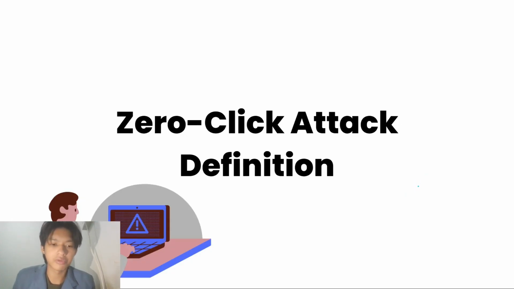So, what is a zero-click attack? Basically, in a traditional cyber attack like phishing, the attacker relies on one click, but they need you to make a mistake, right? Like clicking a suspicious link or whatever.